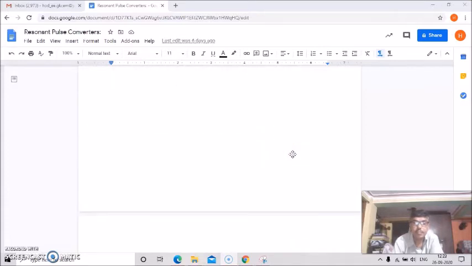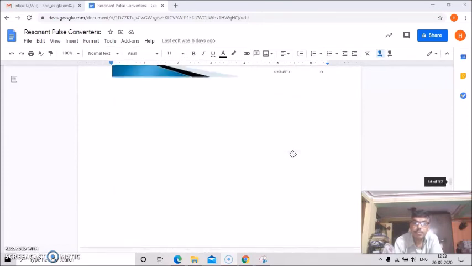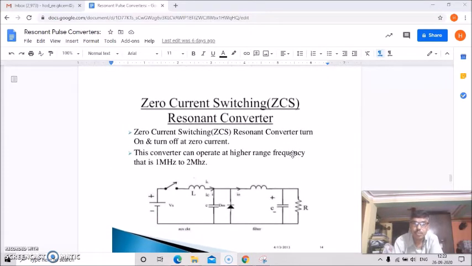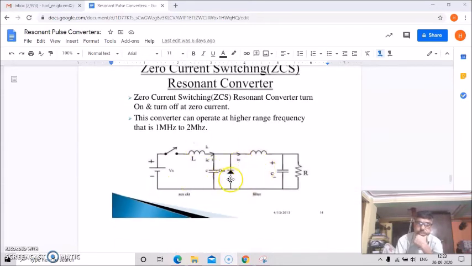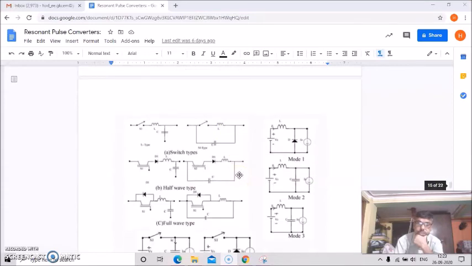Okay, so this is all about the zero current switching circuit. We are not discussing it in great detail, but we are giving you just an outline of these circuit diagrams and the operational process, and how the circuit can be synthesized or analyzed.